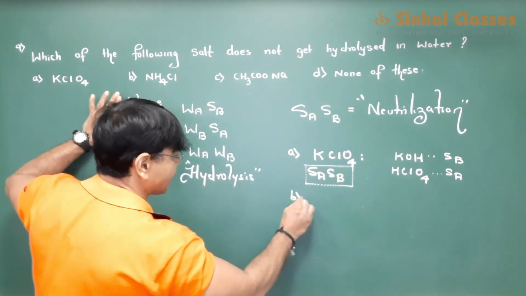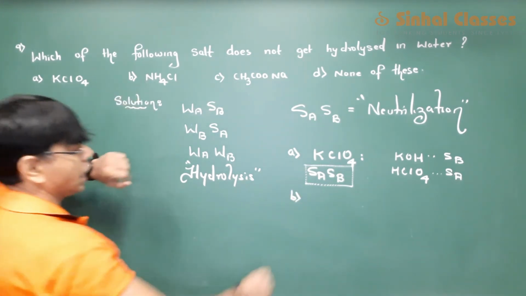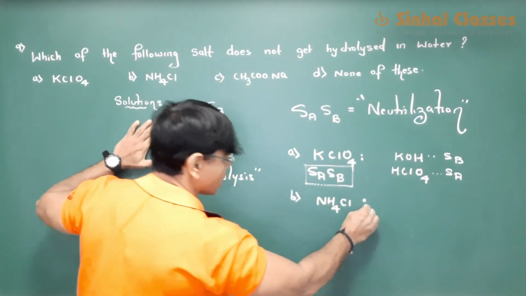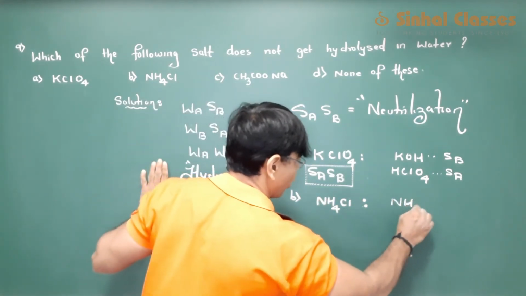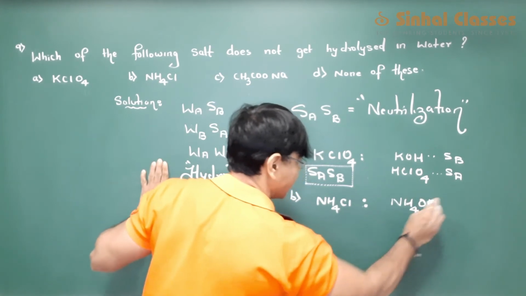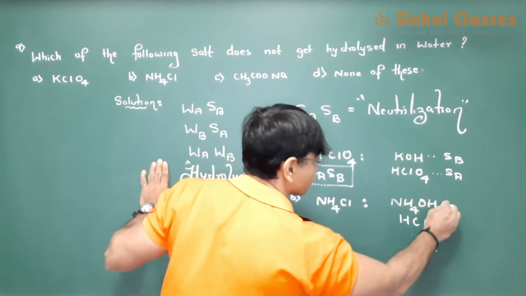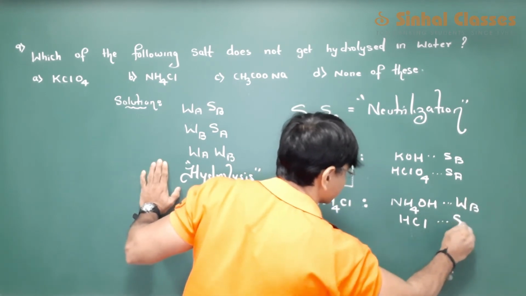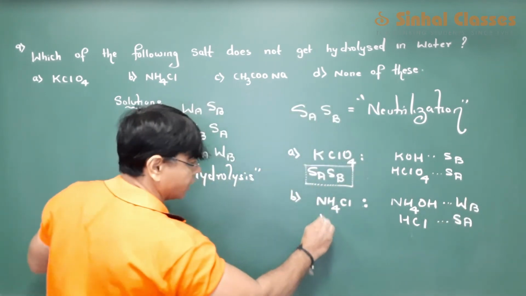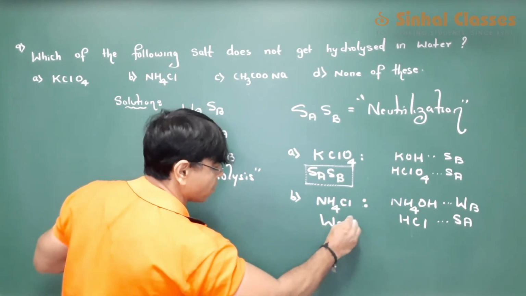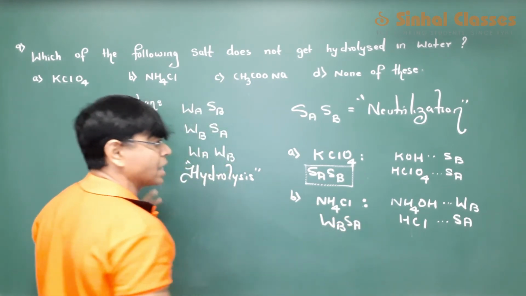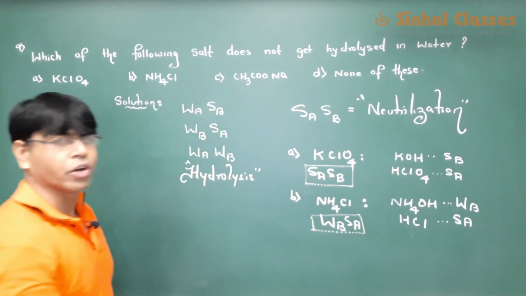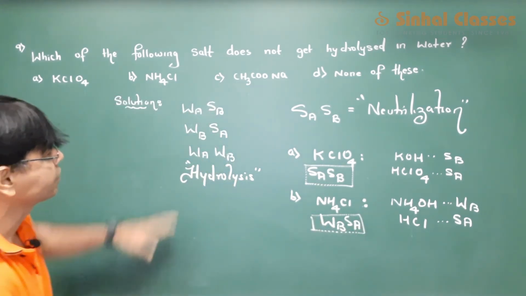Whereas if I take option B, it is ammonium chloride, which is made from ammonium hydroxide and HCl. This is a weak base and HCl is a strong acid. So ammonium chloride is a salt of a weak base and a strong acid.